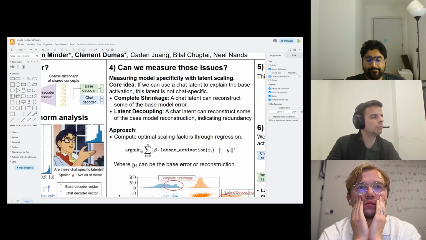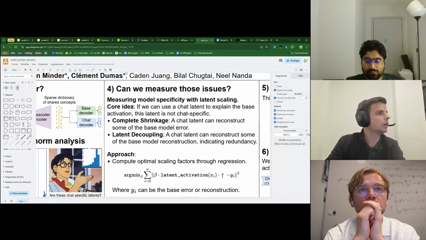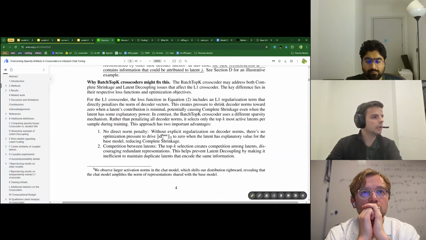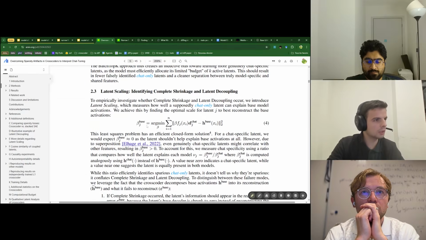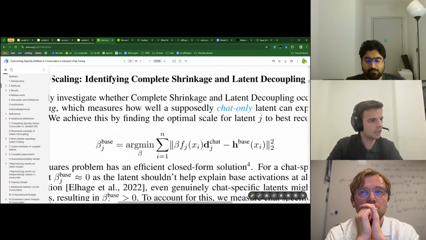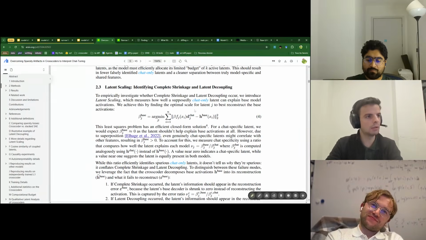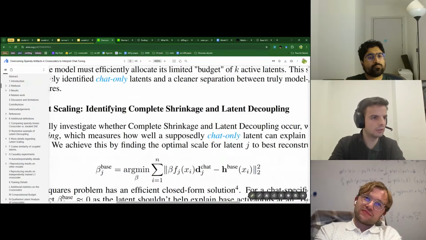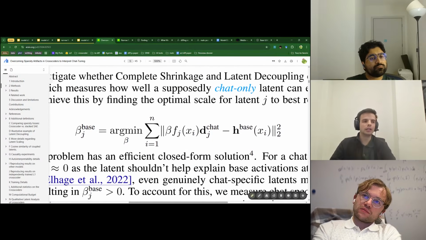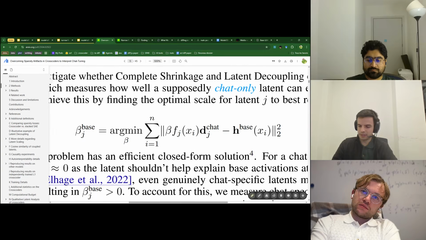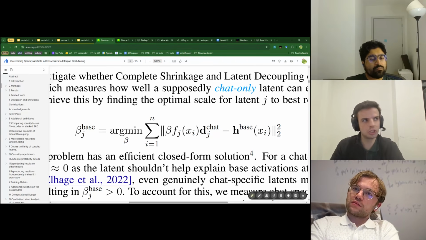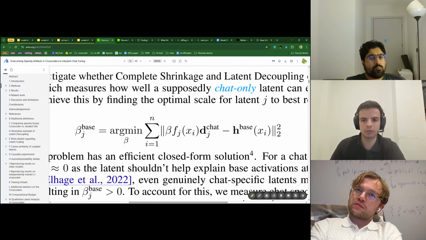Nice. So then, going back to the paper, we introduced this metric that we call latent scaling. The idea of latent scaling is that if I have a chat-specific concept, then it should help me reconstruct the chat activation, but it should not help me reconstruct the base activation.